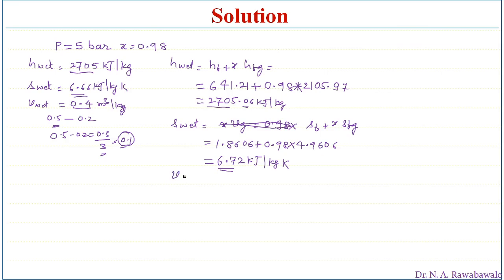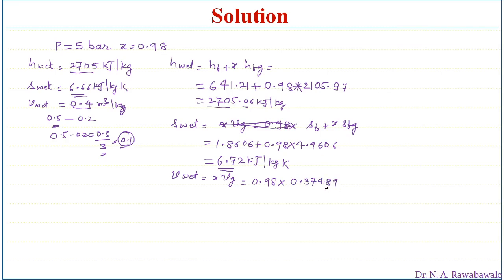The specific volume of wet steam is X times Vg. So the dryness fraction is 0.98 times Vg at a pressure of 5 bar. At 5 bar, Vg is 0.37489.